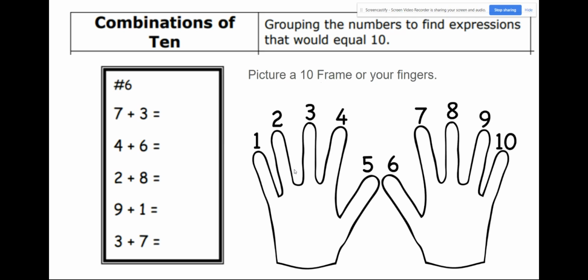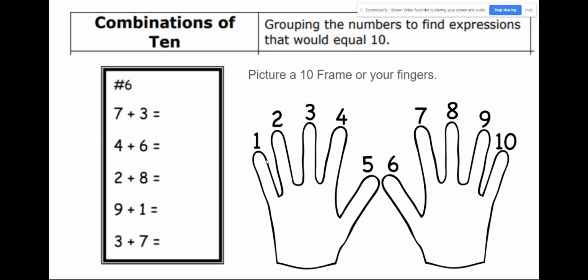For example, 7 plus 3 equals, of course, 10. If you're counting 7 fingers, 1, 2, 3, 4, 5, 6, 7, you would have 3 left. If you put 7 together with 3, it would equal 10.